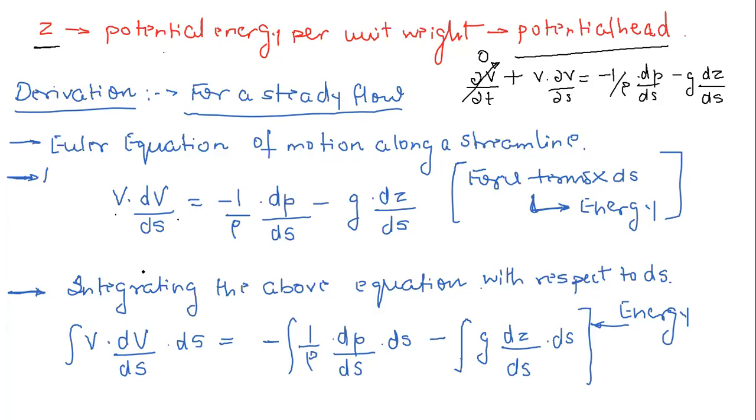I don't care what is going on in a direction normal to the streamline, or in a direction X, Y, or Z. I only care that the point is on the streamline. That's why I am taking the total differential here. So V dV by ds is equal to minus 1 by rho dp by ds minus g dz by ds.